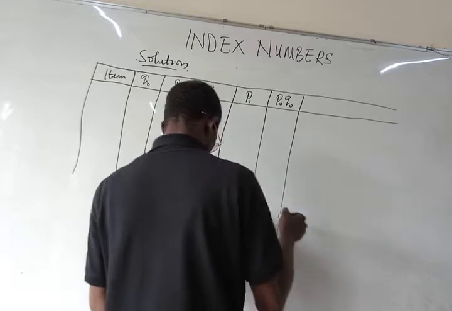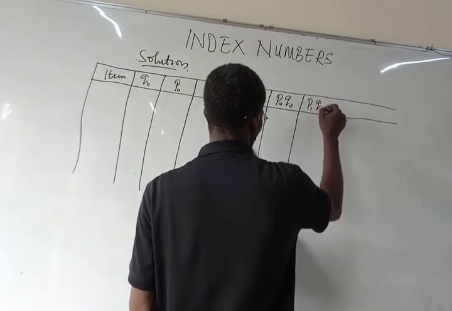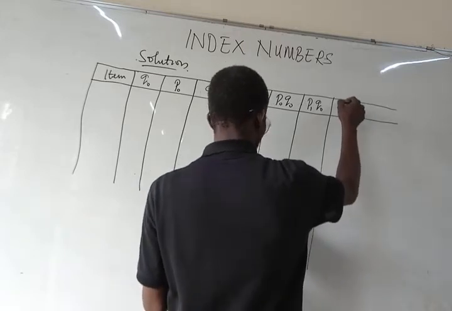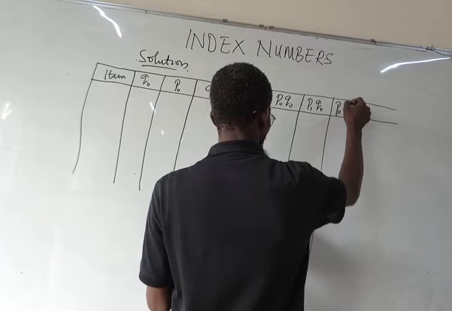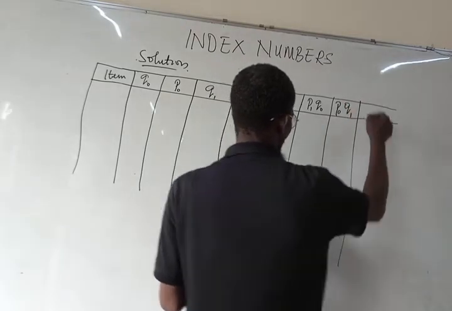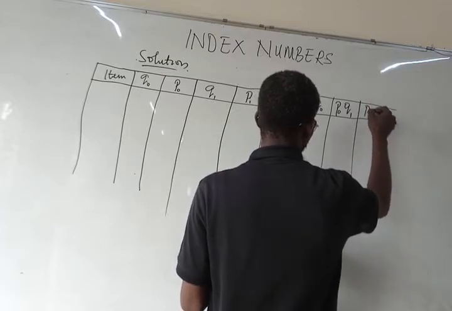We have our column for P1, Q0. We have our column for P0, Q1, and we have our column for P1 and Q1.